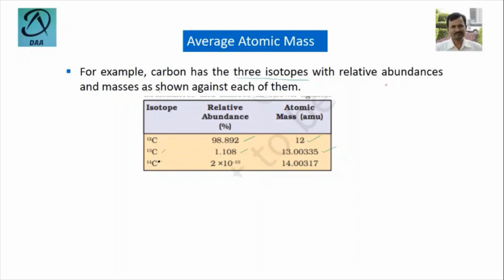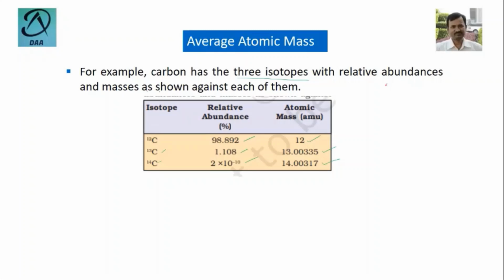And for the isotope 14C, its relative abundance in percent is 2 multiplied by 10 to the power minus 10 and its atomic mass is 14.00317 AMU.